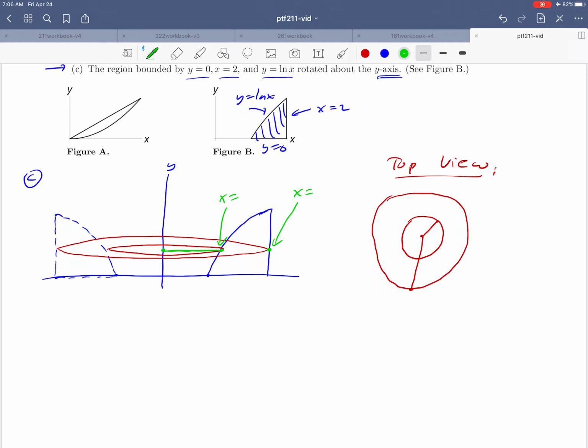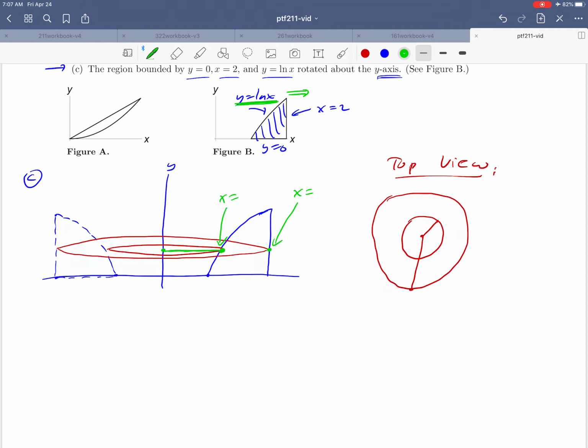Well, let's start with the point here that's on the curve. What is x equal to there? Remember that that point is sitting on the curve y equals ln of x. I'm just underlining that in the picture at the top of the page. They give us the curve in the form y equals f of x. Can we solve that for x? How would we take the equation y equals ln of x and solve it for x?